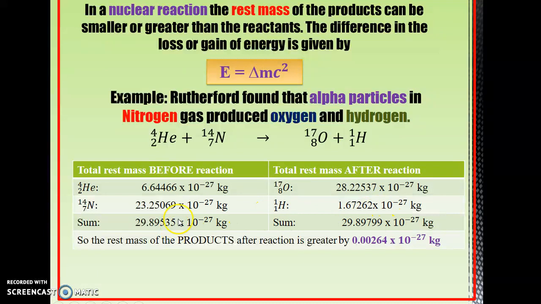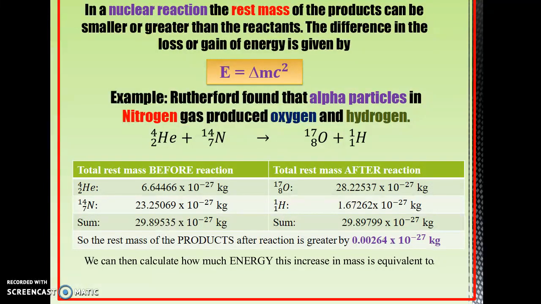And we can find the difference between these two numbers. We subtract them and we get this number here, 0.00264 times 10 to the negative 27 kilograms. So that means we could calculate how much energy this increase in mass is equivalent to. Using the equation above, E is equal to delta m c squared, we substitute in the difference of the masses, multiply by c, and we square it.